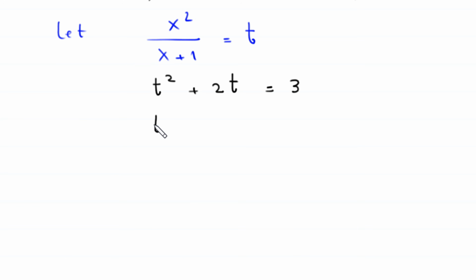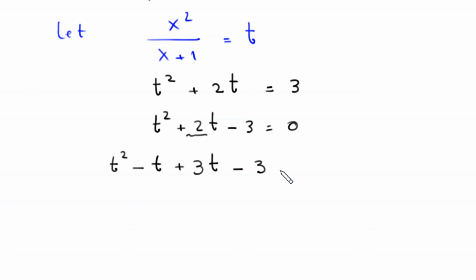This will become t squared plus 2 times t minus 3 is equal to 0, and this is a quadratic equation and is factorable. We write this t squared and we break this 2 times t into negative t plus 3 times t minus this 3 is equal to 0.